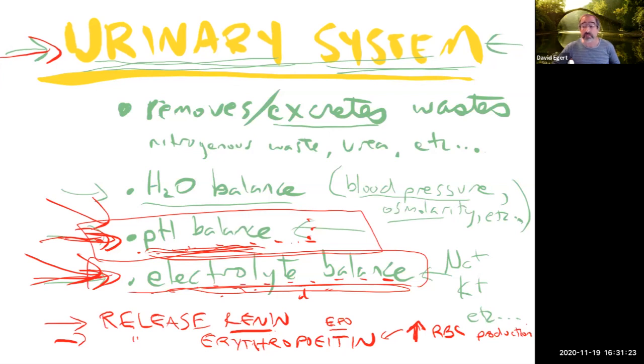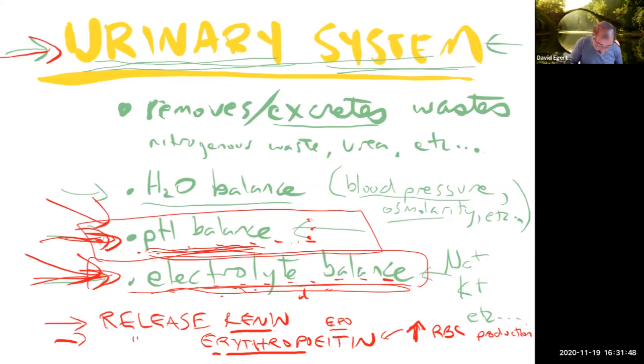I'm not quite sure why the kidneys are in charge of this, but they are. So if your body needs to increase its ability to transport oxygen, the kidneys will release erythropoietin, which will tell the hematopoietic tissues to increase red blood cell production.